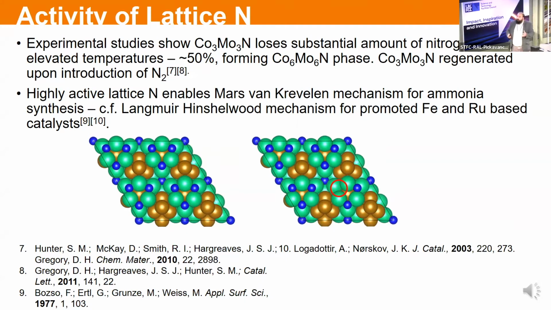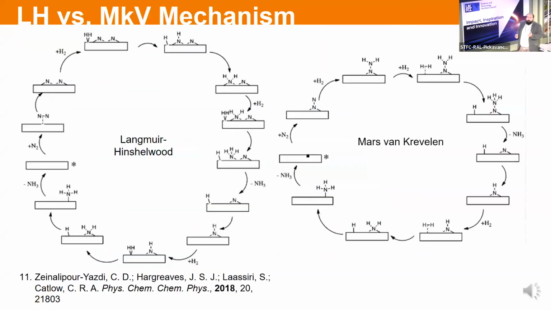So the presence of nitrogen vacancies on the surface could possibly enable an alternative to the more traditional Langmuir-Hinshelwood mechanism, enabling a Mars van Krevelen type mechanism, which depends on the presence of nitrogen vacancies to provide highly active sites for nitrogen adsorption. So just to review these mechanisms, the traditional Langmuir-Hinshelwood mechanism is dissociative in nature.